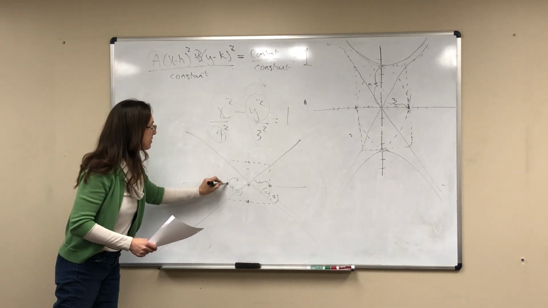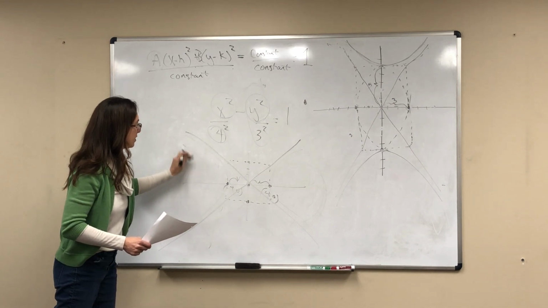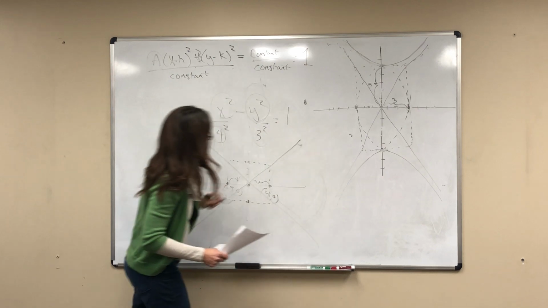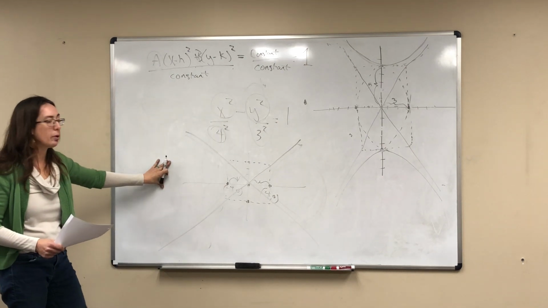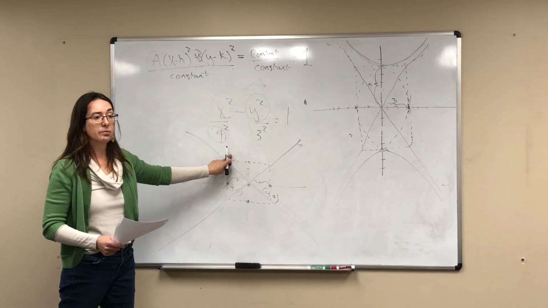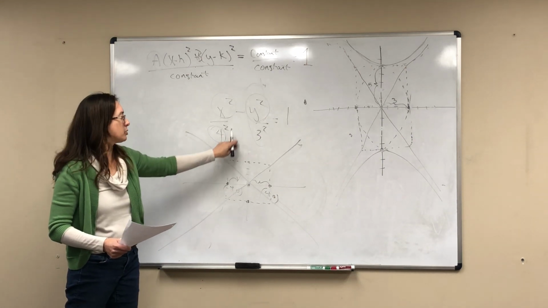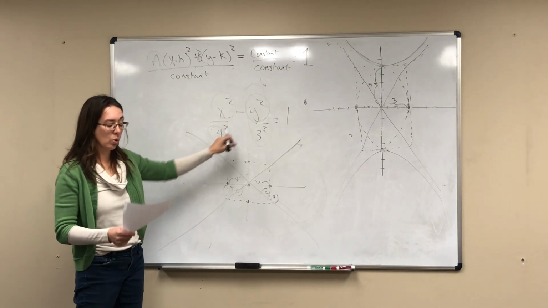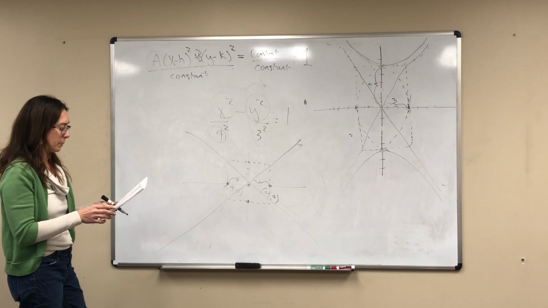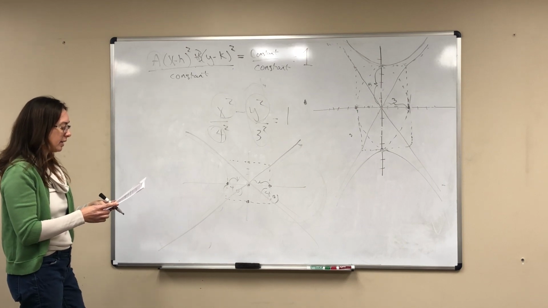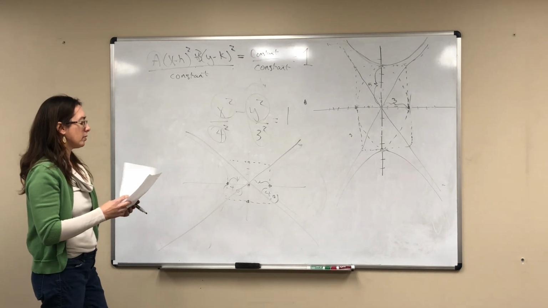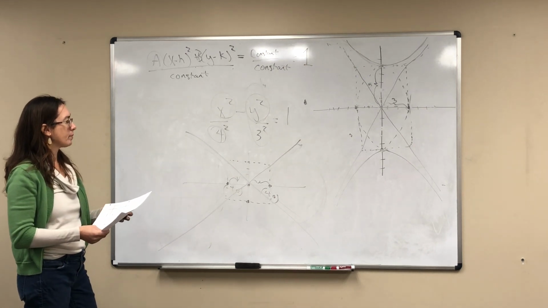And then we graph that hyperbola along those asymptotes. Okay, so I was able to put my hyperbola on the graph before I even put in my asymptotes, correct? Because we already knew that it was a horizontal hyperbola. And don't worry about writing the equation for those asymptotes. I'll go over that.